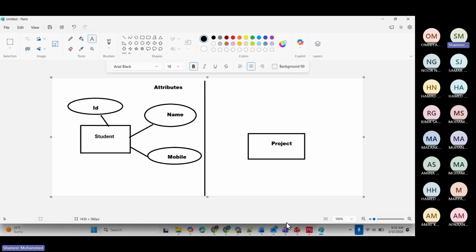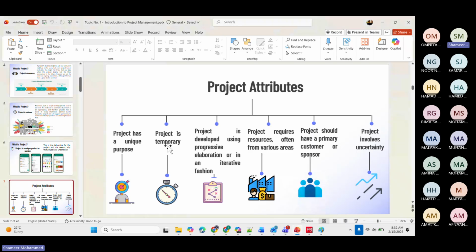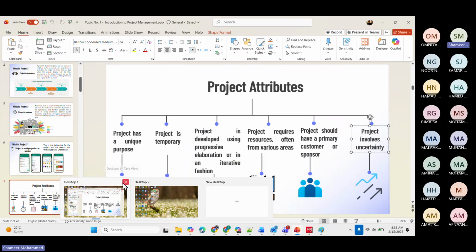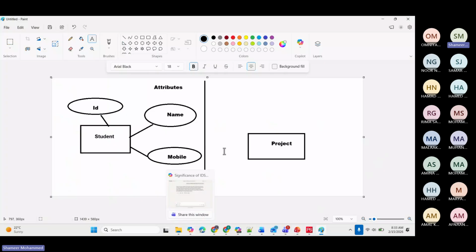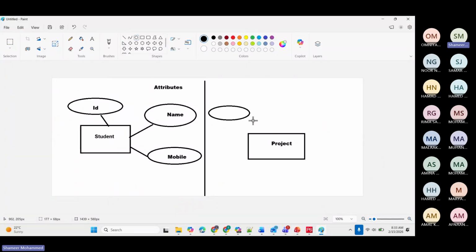So every project will have certain attributes. What are those attributes? This one: 1, 2, 3, 4, 5, 6. Six attributes. Project has a unique purpose. Unique purpose. So that is one of the characteristics or one of the attributes.